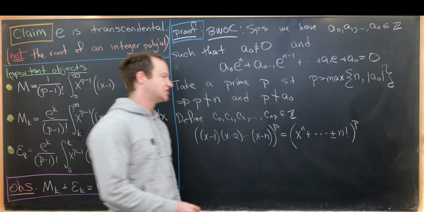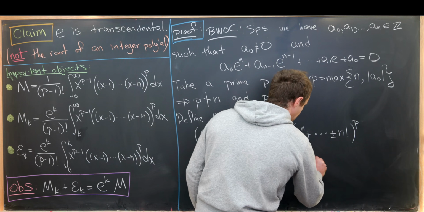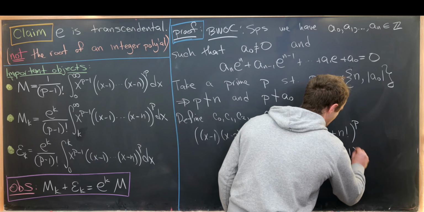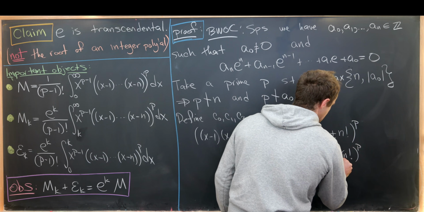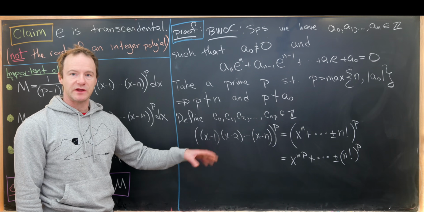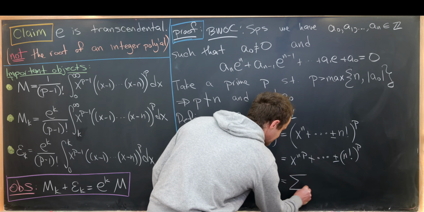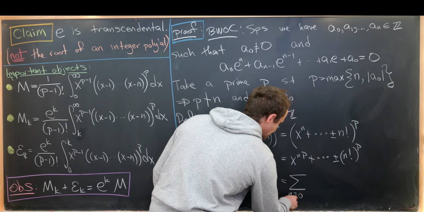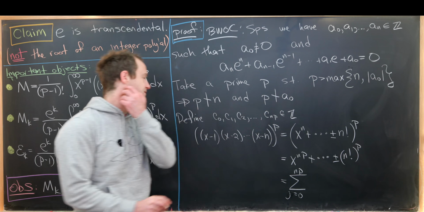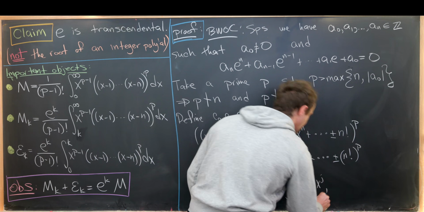Now if we exponentiate that to the p, we'll have x to the np plus dot dot dot plus n factorial to the p, and that's going to be a plus or a minus at the end. This is the polynomial whose expansion will define these coefficients. So I'm going to write this as the sum as j goes from 0 up to n times p of cj x to the j.